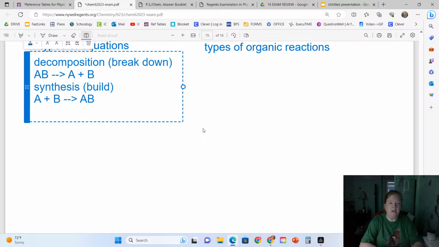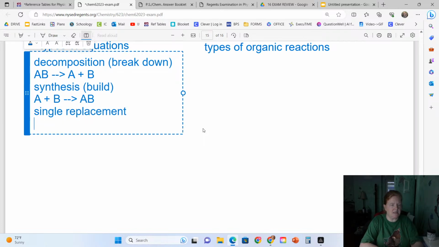All right. Then I have single replacement. Okay, so what I'm going to say right here is AB is connected together. Think about it. A and B are dating, and C is single. Okay, so that's what's happening. A and B are in a compound, C is a single element. So A and B are dating, C is alone by itself, okay? What happens in single replacement is they swap places.